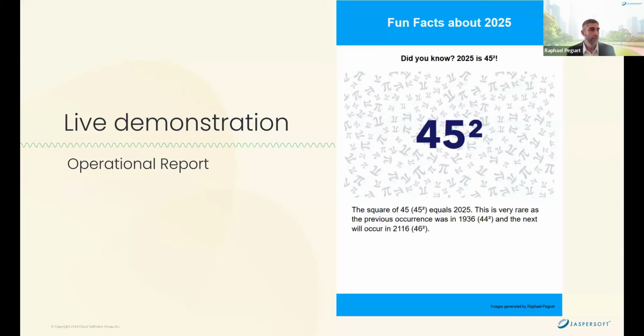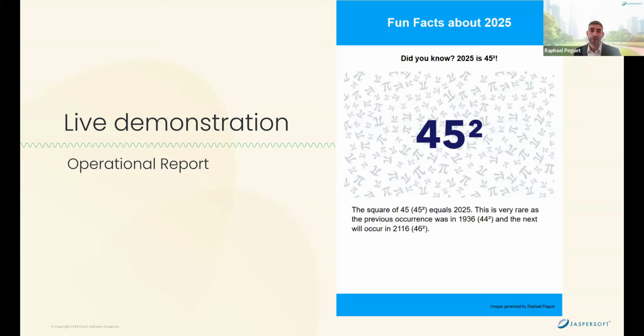So the requirements for the templates we'll be creating now is to create a report for number fans, those who are passionate about numbers. I think this is actually quite an interesting data set I found.